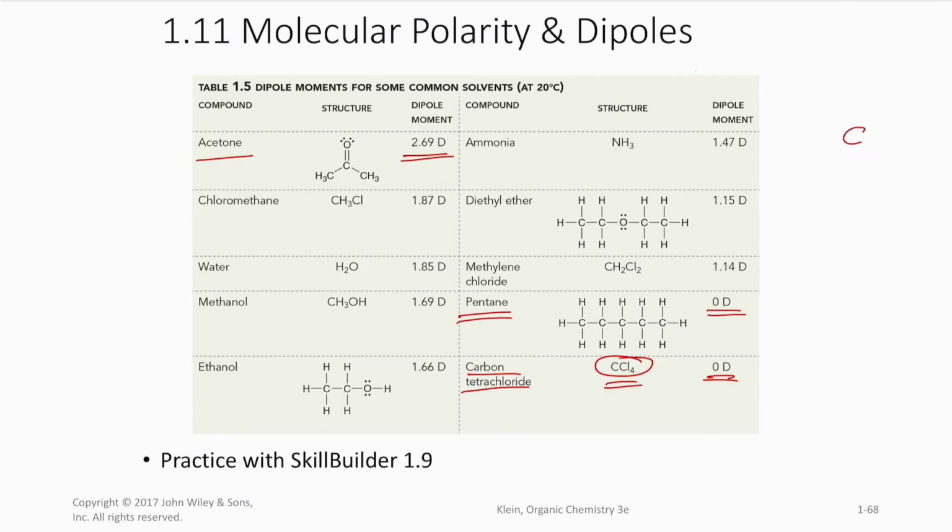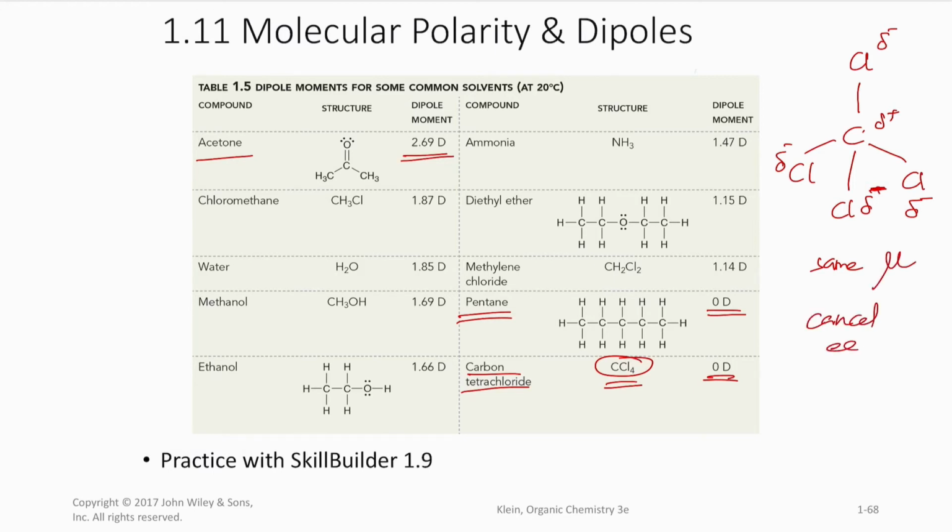The reason mainly is because even though carbon and chlorine have a partial charge difference, all of them have the same dipole moment, the same mu value, so they cancel each other.